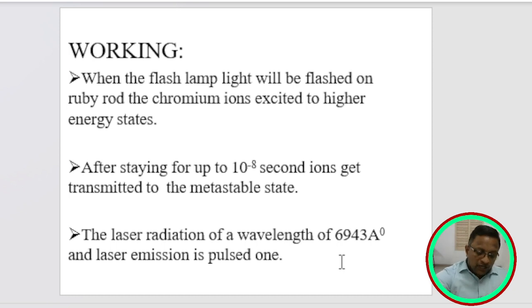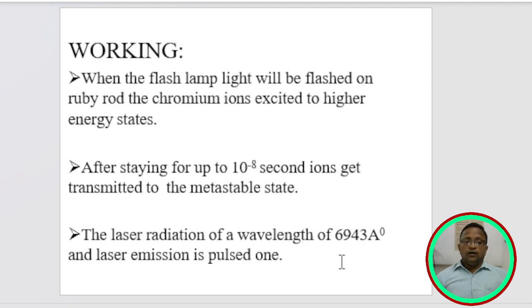But of course, we have several disadvantages while using the ruby laser. Why? Because if we switch on the xenon tube for several milliseconds, a huge amount of heat energy is transmitted to the surroundings inside the glass tube.